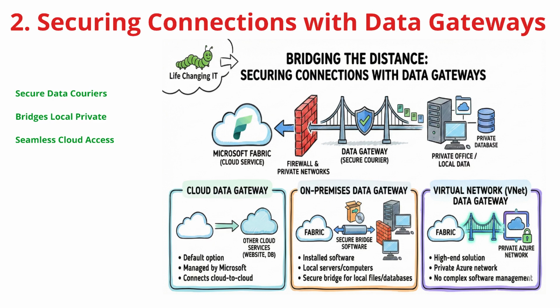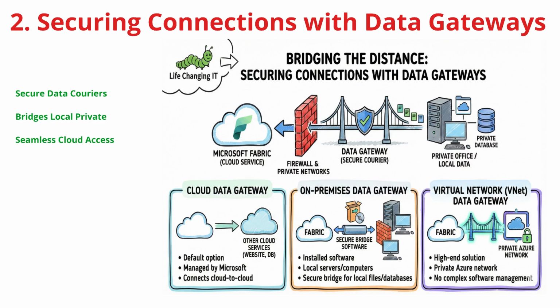There are three main types of couriers available. First is the Cloud Data Gateway. This is the standard built-in option for connecting to other online services like websites. Next, we have the On-Premises Data Gateway. This is software you install on your local computer or server, acting as a direct bridge for your local spreadsheets in private databases.